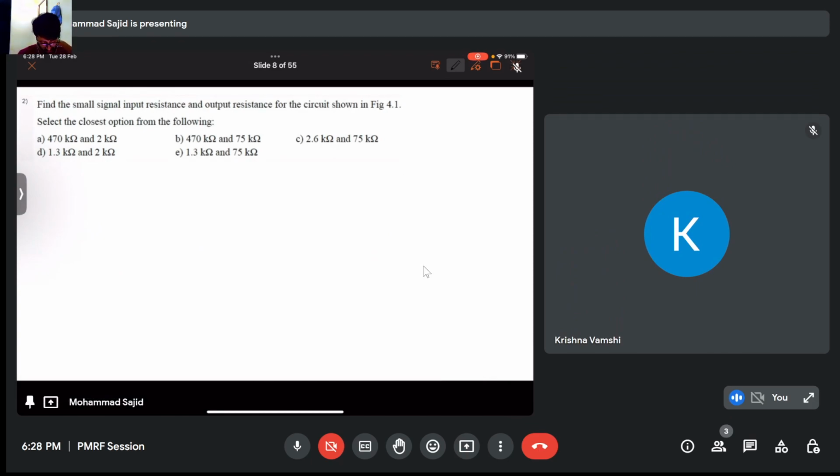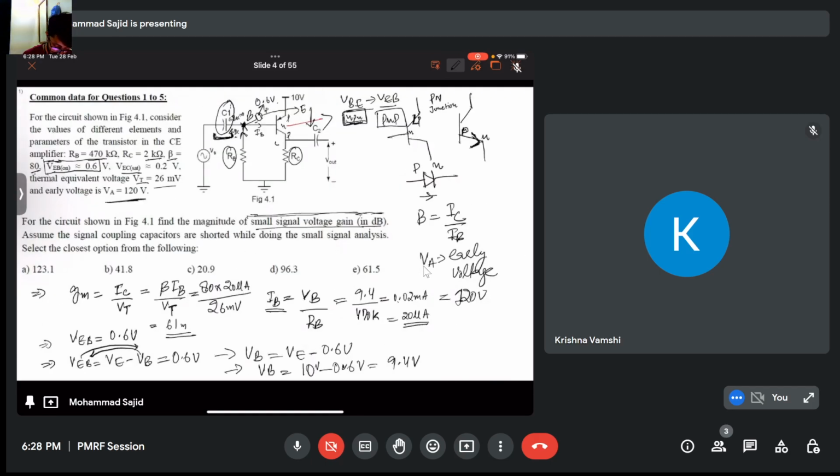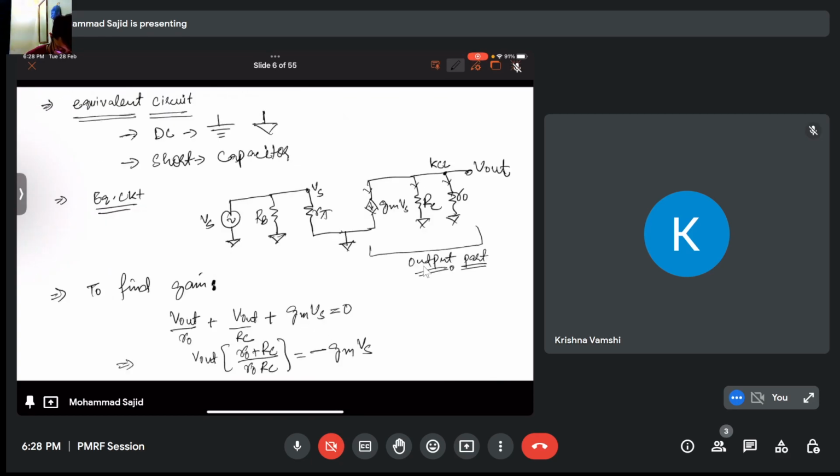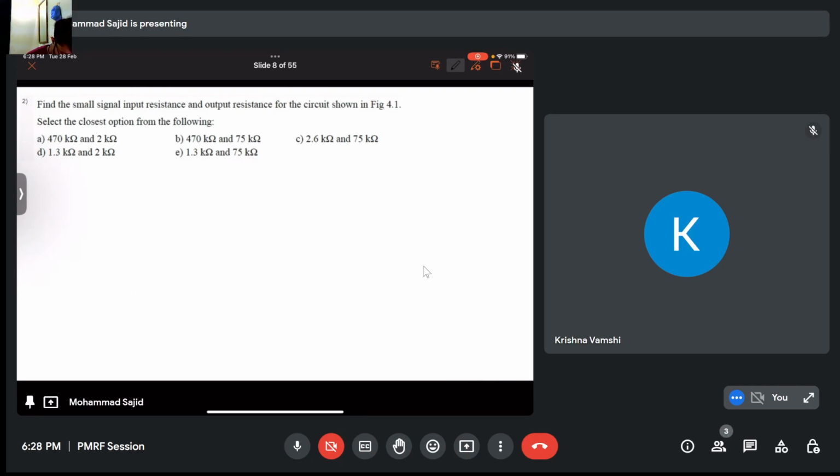Okay, so what does this question say? Find the small signal input resistance and output resistance for the circuit shown in figure 4.1. Let me just clear a few things. Okay, let it be. So this is our circuit. Let me just draw it.